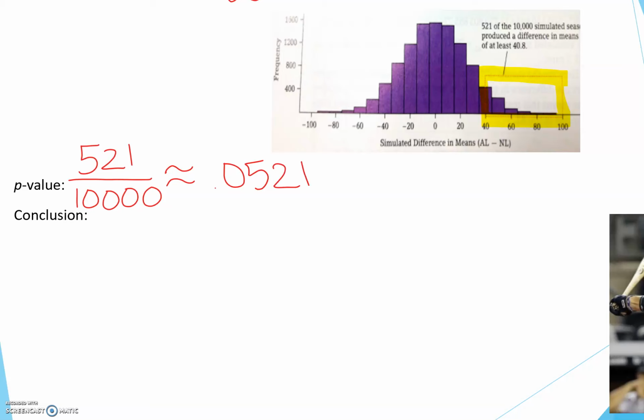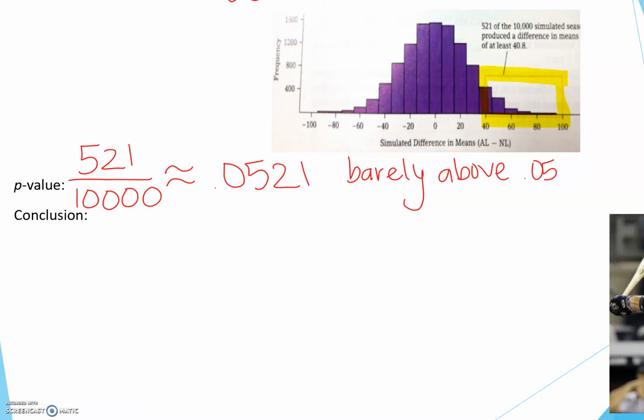Barely above 0.05, which is our cutoff. 0.0521 is definitely above 0.05.